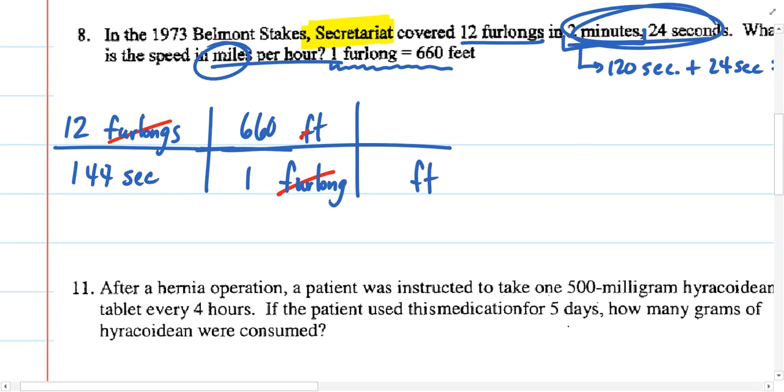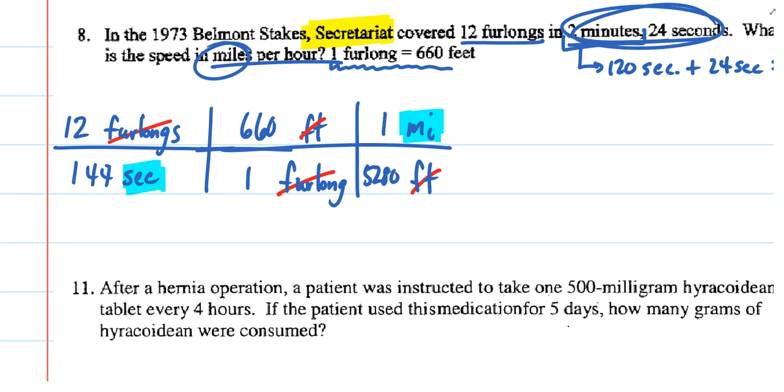If I place feet in the bottom of the T-chart, then I know that's going to cancel with feet from the top of the T-chart, and there are 5,280 feet in 1 mile. So this T-chart is set up right now to give me an answer in miles per second, but again, that's not what we're after here.